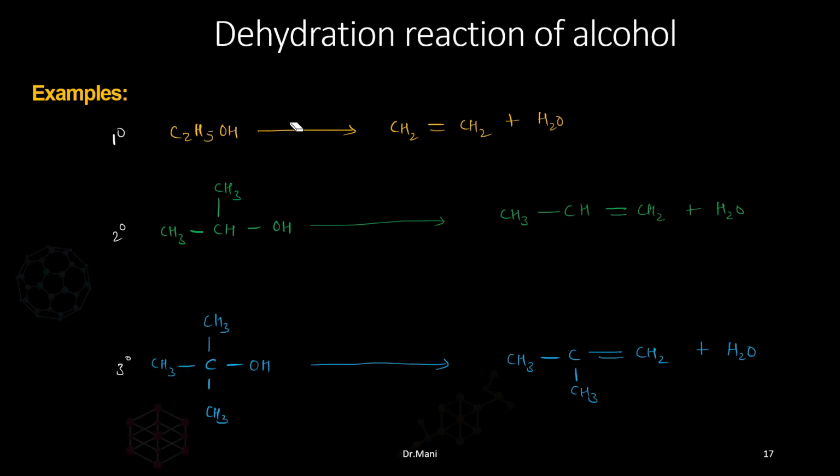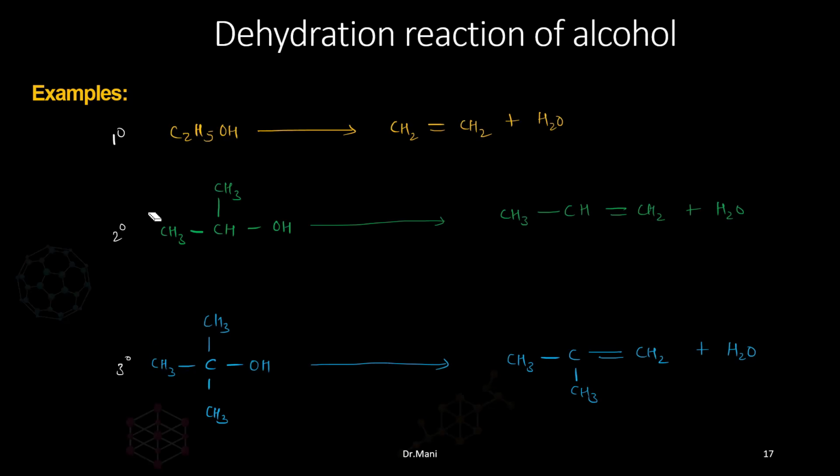And second thing, which one needs more temperature in order for the reaction to happen? Primary or secondary or tertiary? Which one needs high temperature? Because we know someone who is weak needs temperature, and someone who is easily reactive doesn't need much temperature. So in that case, primary needs more temperature.